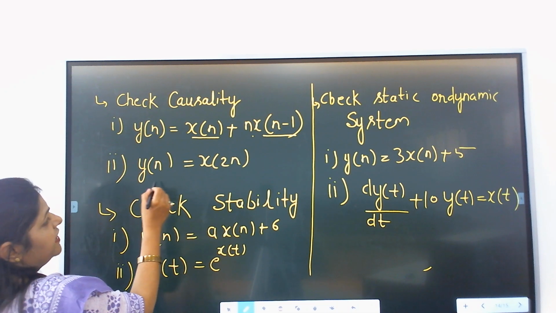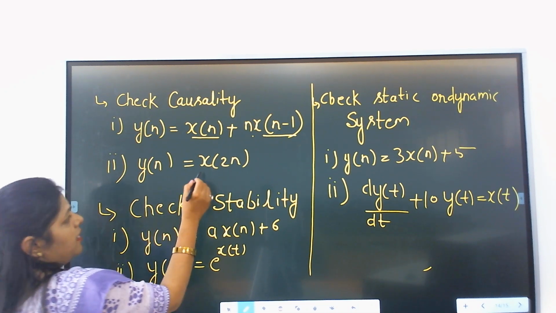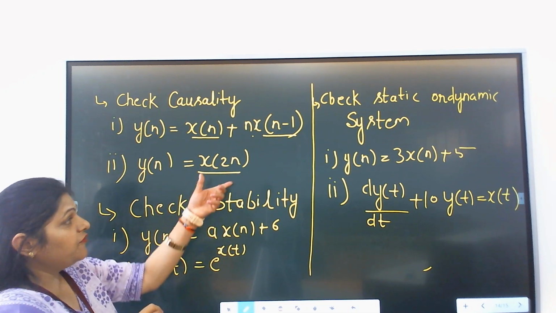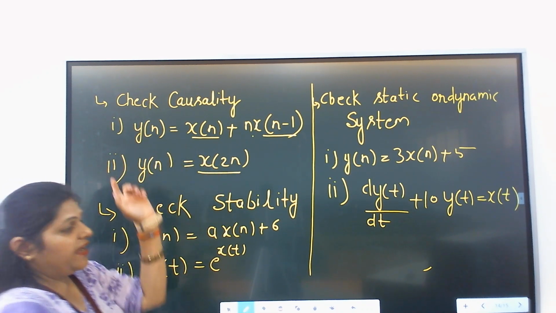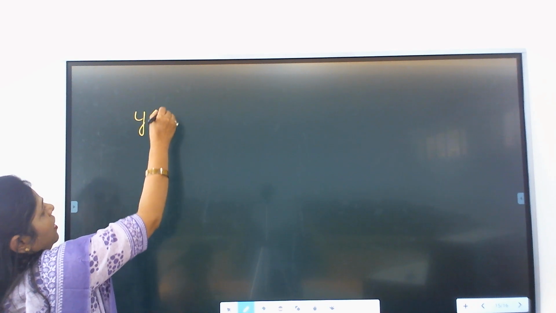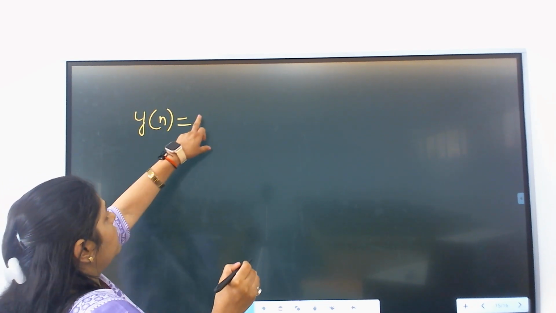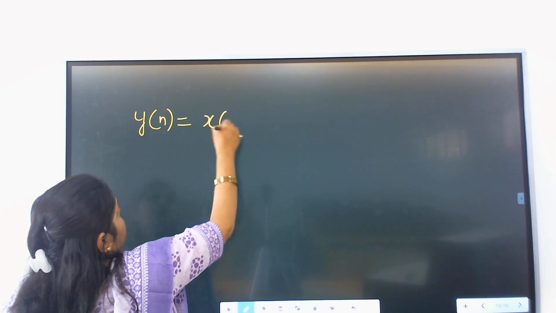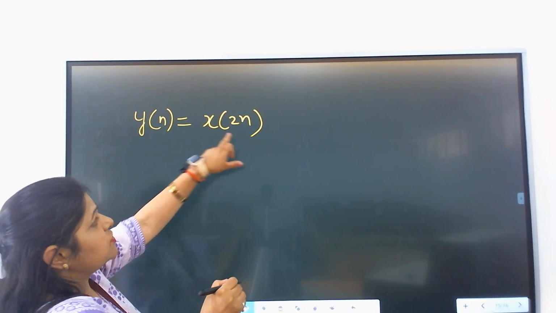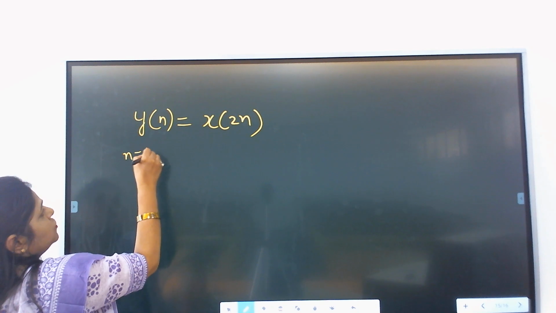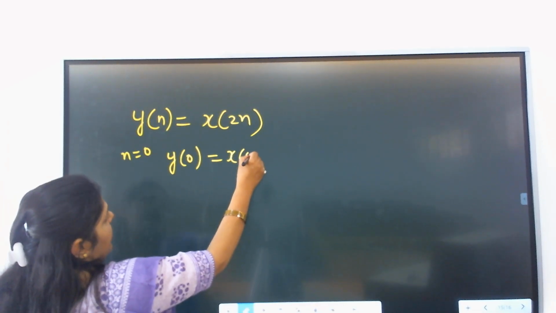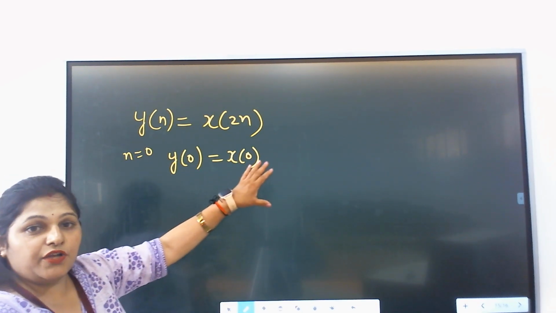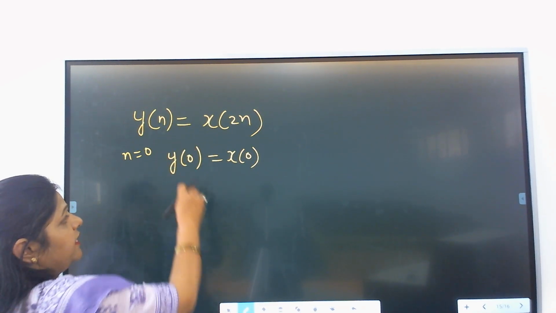Next is y(n) equals x(2n). We have to check this by putting different values of n. Put n equals 0, then y(0) equals x(0), the present value, so it is causal.